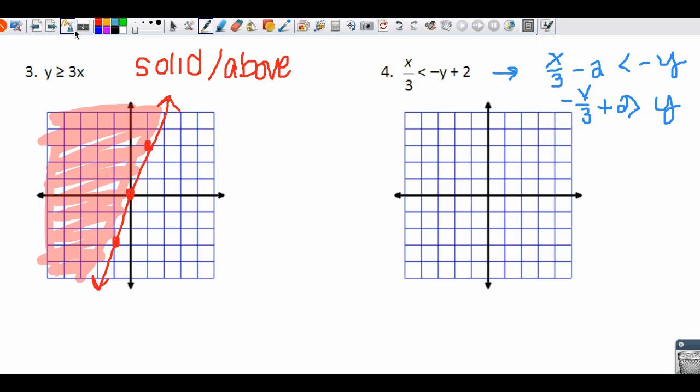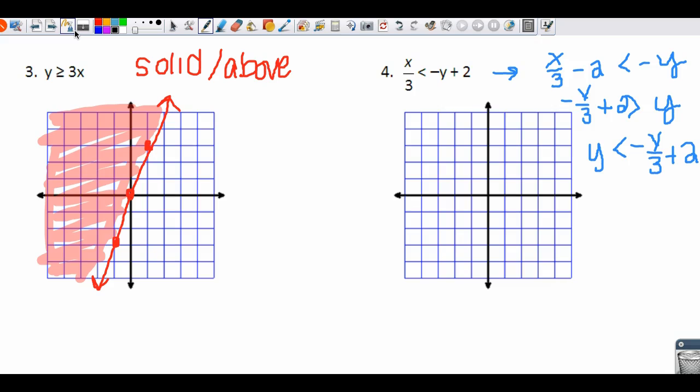Now again, the y is on the right, so the shading above or below does not work. They only work just like if the variable's on the left. So you have to have y is less than negative x thirds plus 2. So in order to follow the shading above or below, the y value has to be on the left side of the equation.